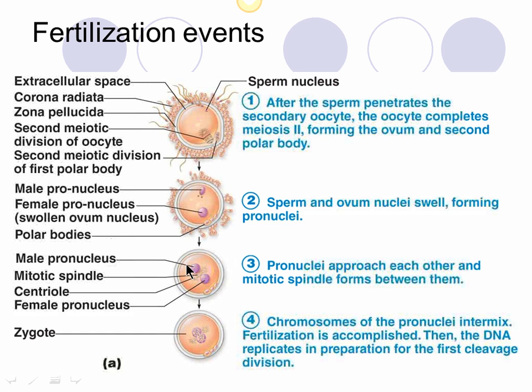They come together, join each other, and fertilization is completed at this point. The DNA and the chromosome number is established, and now this cell, this zygote, will wait for about 30 hours, and then it will begin to divide so that it can start the developmental process.